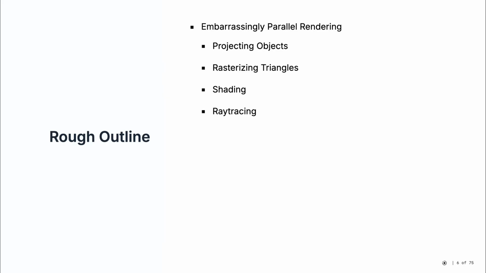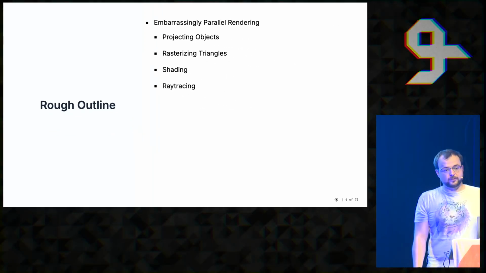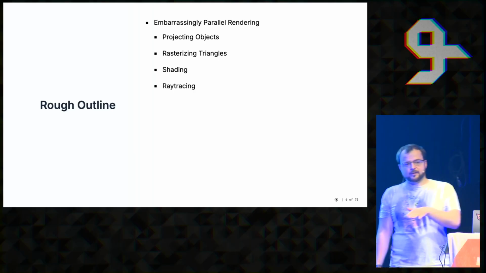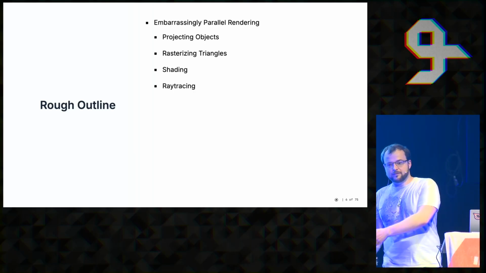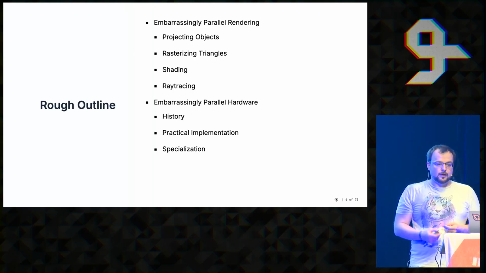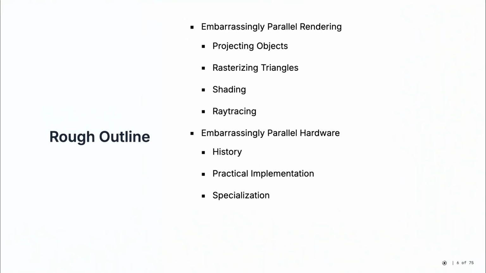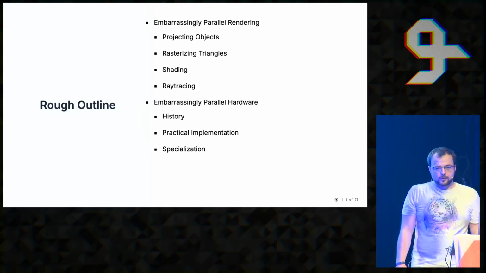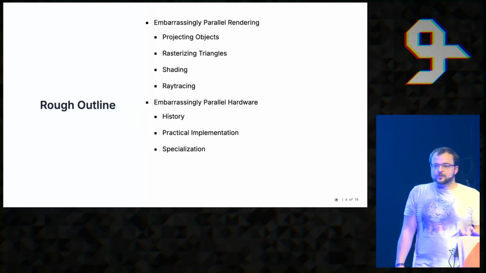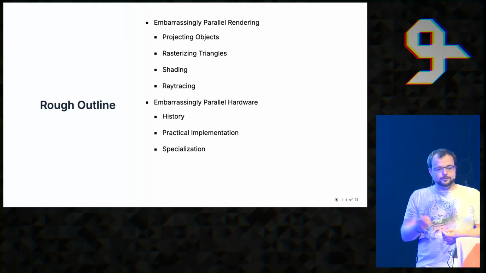How can we display objects, which means rasterizing them and shading them, with a little aside on more recent advancements of real-time ray tracing. After that, we'll branch over to the actual hardware implementations of those things, a cursory look at the history, and then primarily how they work, what the limitations are, and some more specializations of the hardware.